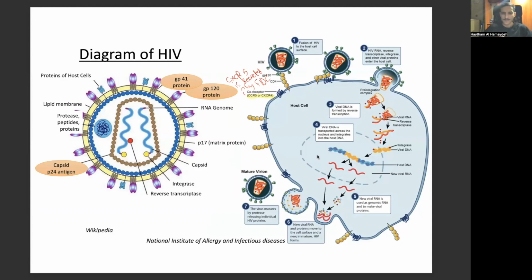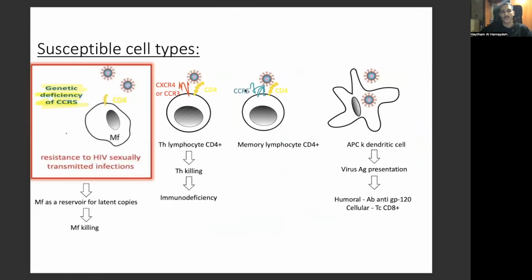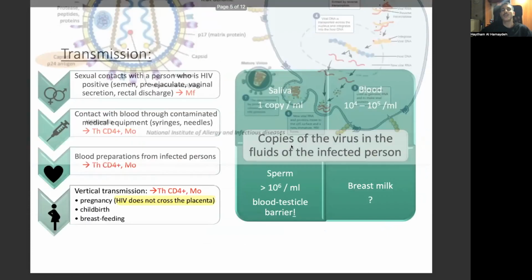For CD4 T helper, it is CCR3 and CXCR4, and for CD4 memory, it's CCR5. APC, I don't know, it's not mentioned here, but these are the four cells that are susceptible to HIV infection.